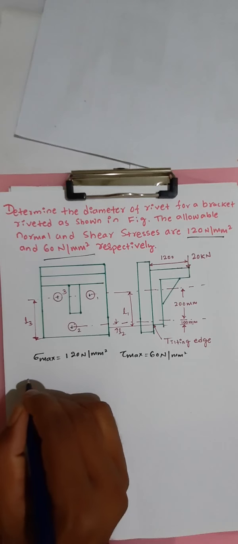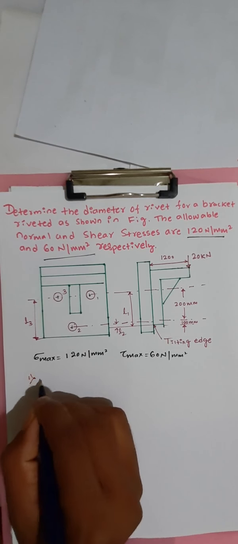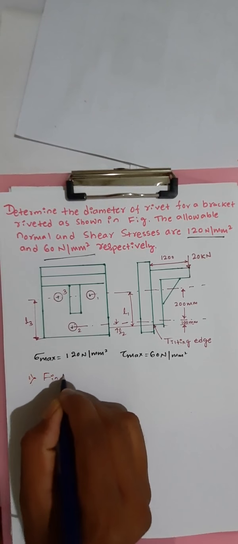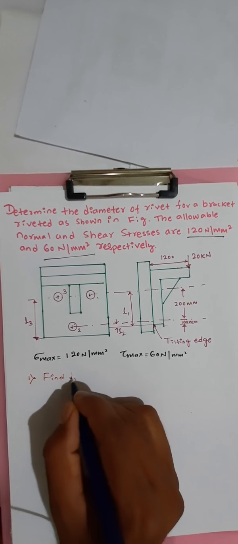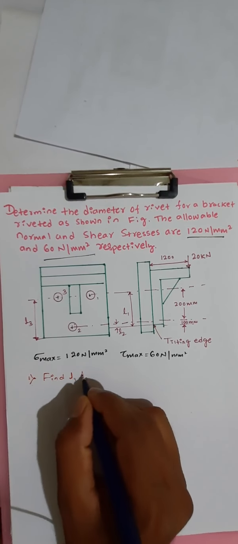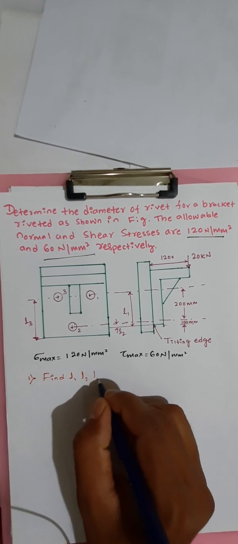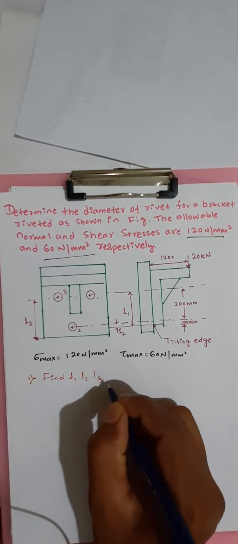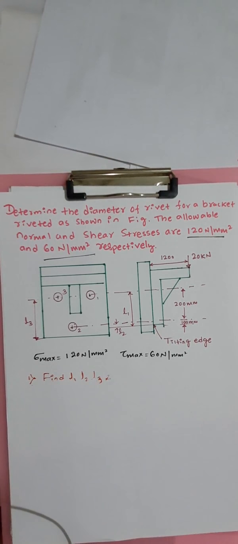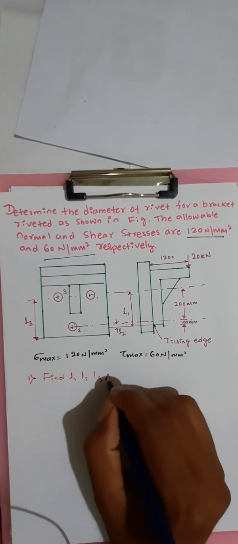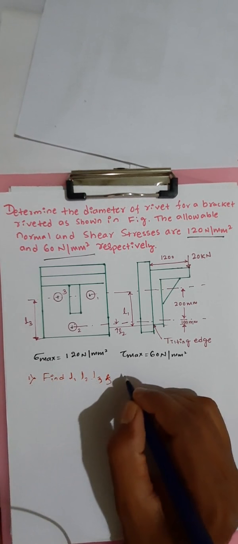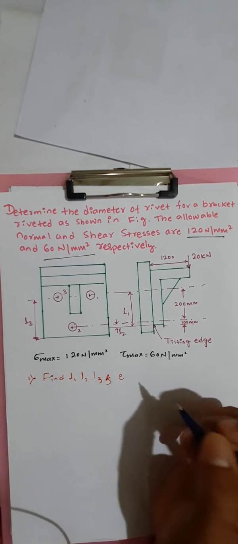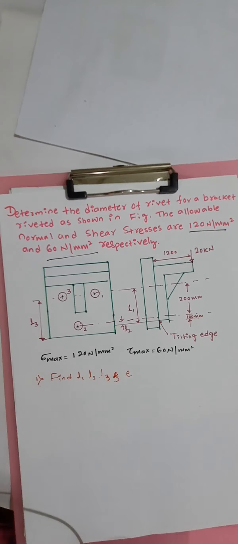So the first parameter: find L1, L2, L3, and E. We know that L1 is the distance of the rivet from the tilting edge.